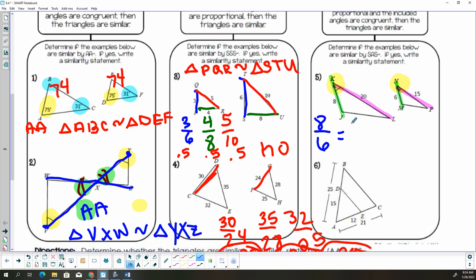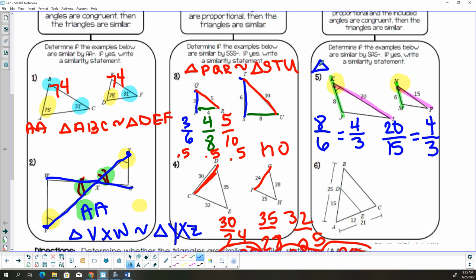All right, I'm just going to reduce it to 4/3. 20 over 15, if I divide both numbers by 5, what do I get? 4/3, yeah? So the sides are proportional, the included angle is the same, we can say yes, these two triangles are similar by side angle side.